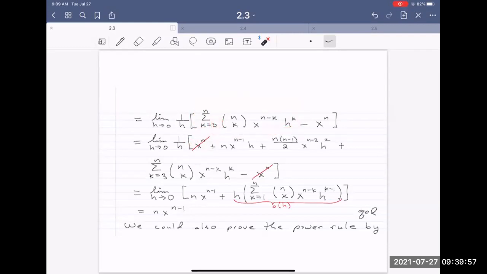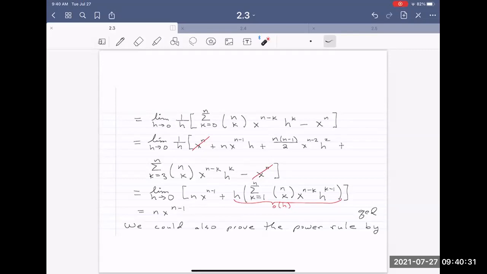Let's look at when k is 1. So this is n choose 1, which is just n. Replace k here by 1, so it's x to the power n minus 1. Replace k here by 1, so it's x to the first, h to the first, so this is just h. So when k is 1, this term just becomes n, x to the n minus 1, h.